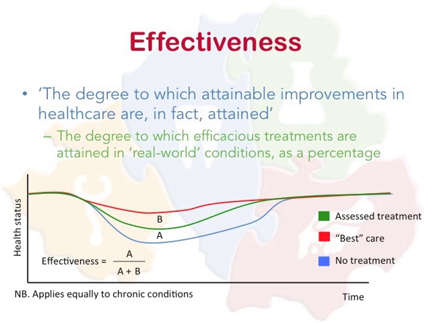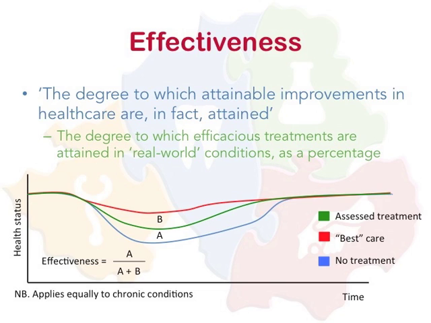So if you look at the graph that's shown on the slide, the blue line shows the health status of an individual with disease X over time if no treatment is received. The red line shows what happens to their health status if they receive the best care, i.e. the most efficacious treatment that's delivered under perfect circumstances.